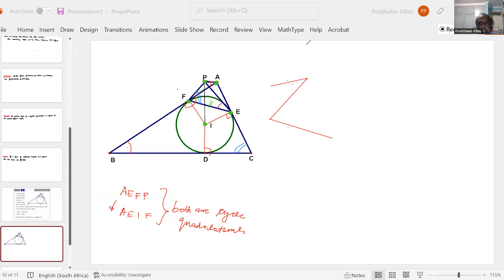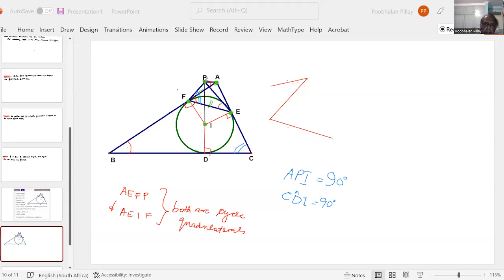That is what I said earlier on. I claimed that it's 90 degrees. So angle API equals 90 degrees, and angle CDI is also 90 degrees. CDI and API, they're both 90 degrees, right? And these lines are parallel. We saw that.